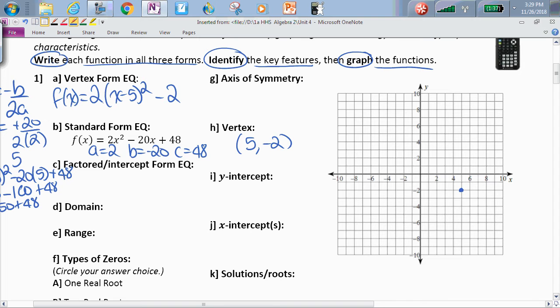We've got a stretch of 2, so that means we go over 1 and up 2, because remember we go over 1, up 1, so 1 squared is 1 times 2. We go over 2, square that, that's 4 times 2 is 8, so 2, 4, 6, 8 on both sides.